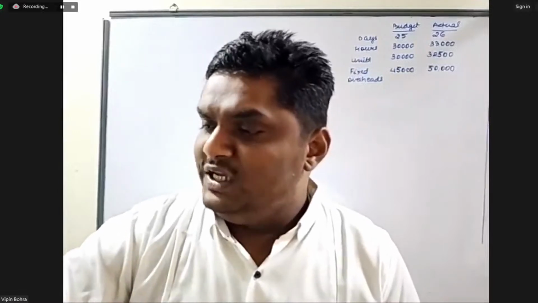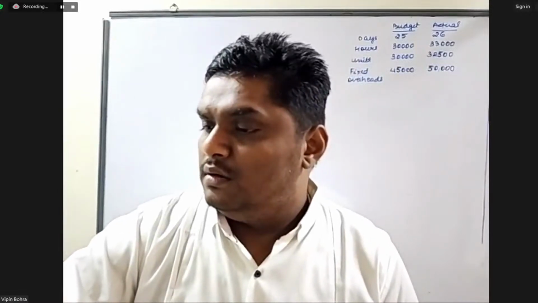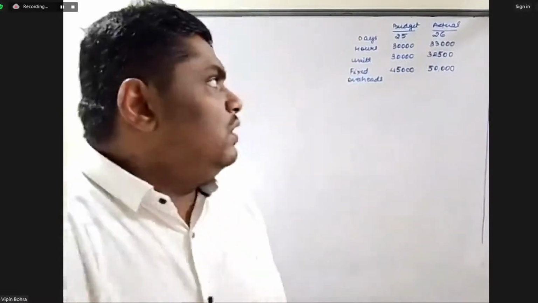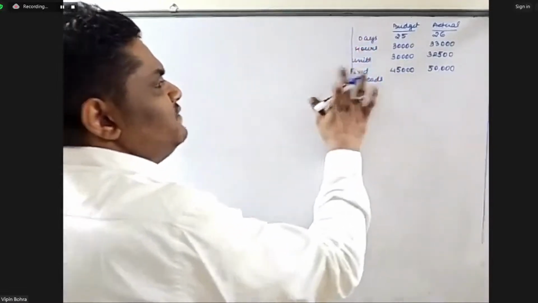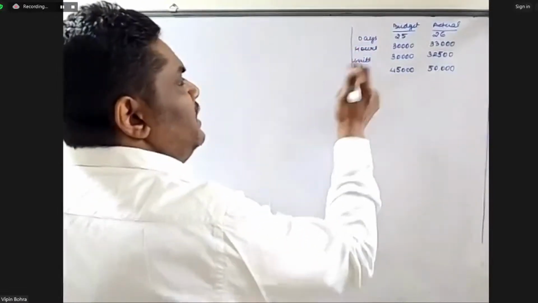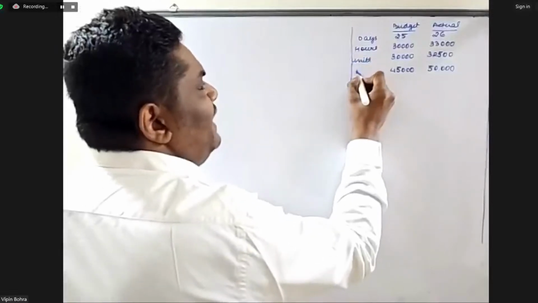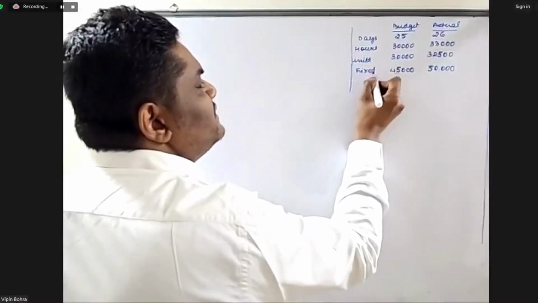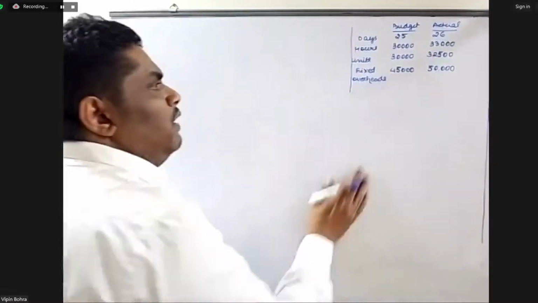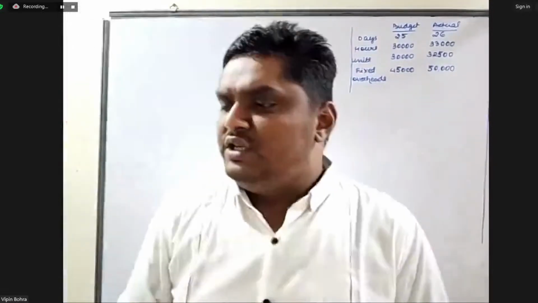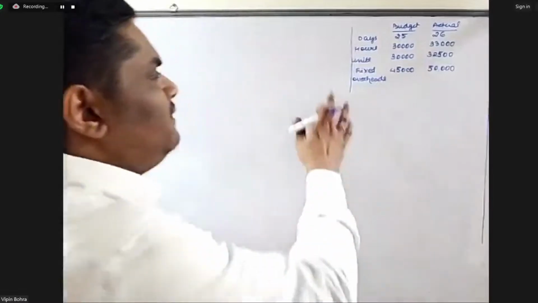So now let's proceed further. The point is very simple, guys. If the question is given in this format, well and good. If not, then try to convert each and every question into this format. Now let's start with the solution.